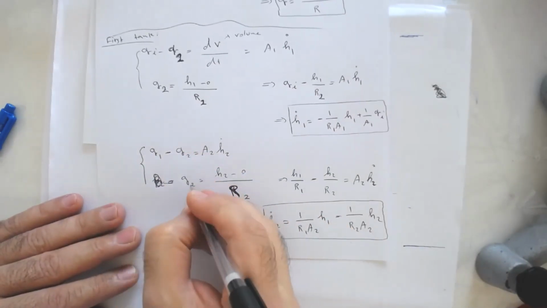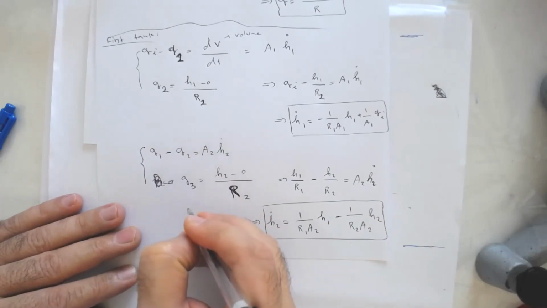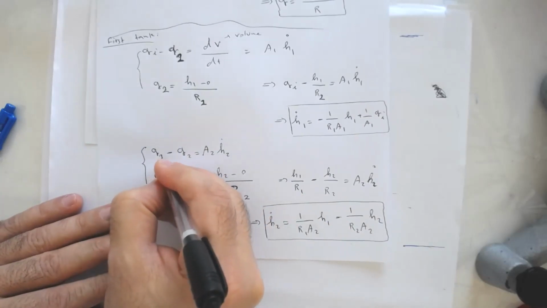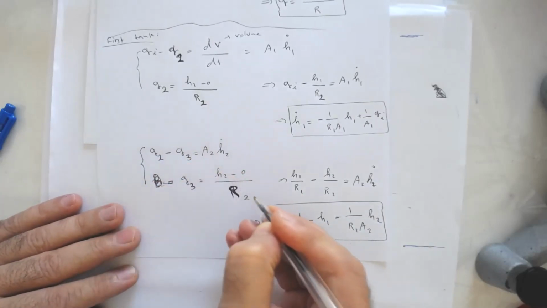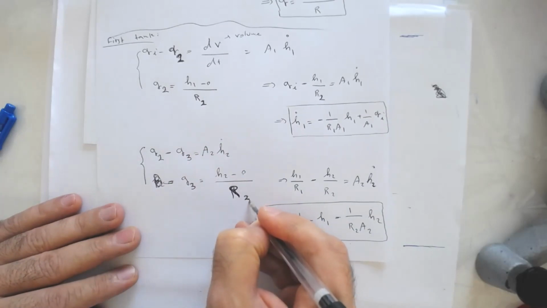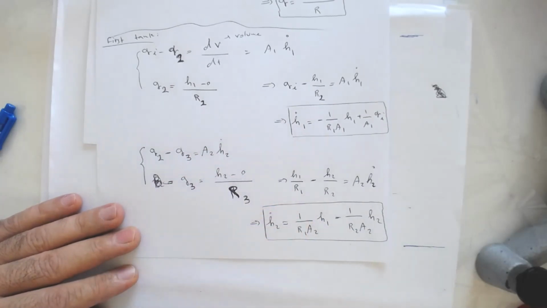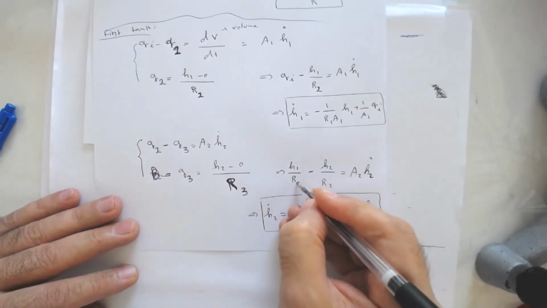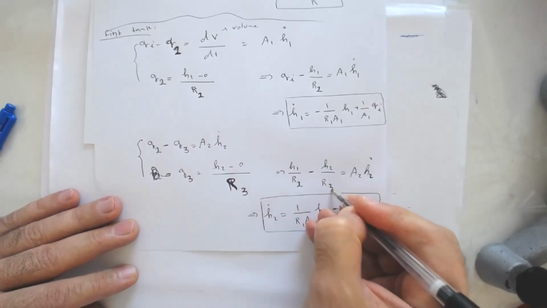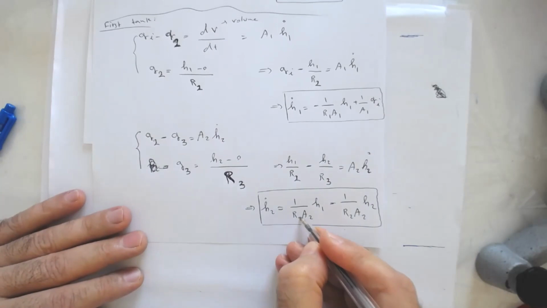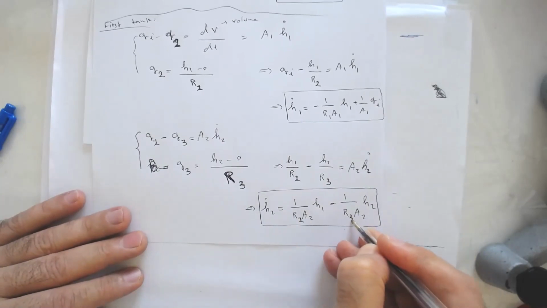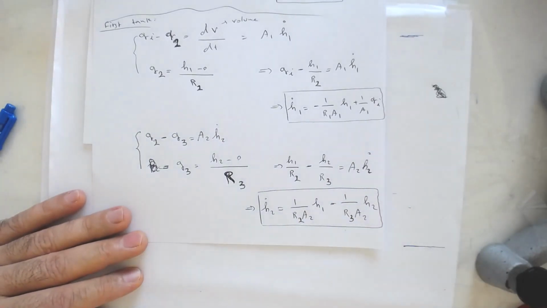Then I need to come here, change this one to Q3. And this one would be Q2 minus Q3. And this one is R3. So again, R2, 3, 2, 3. Is that okay?